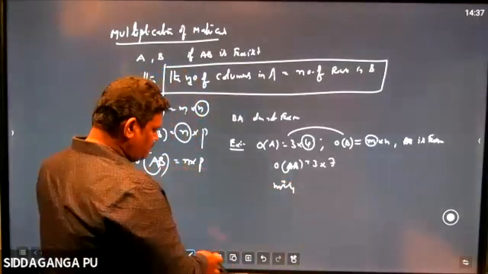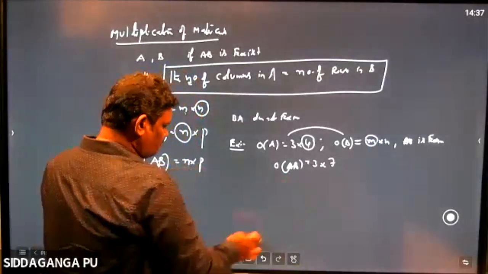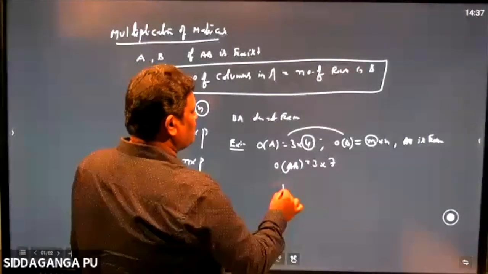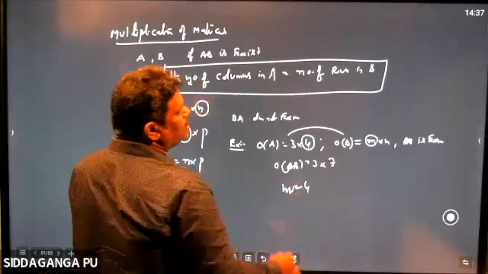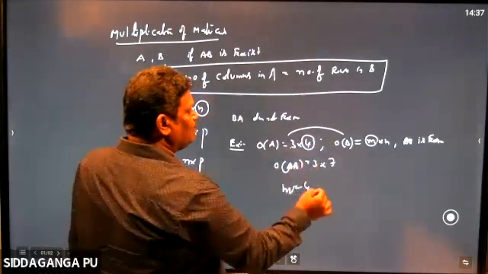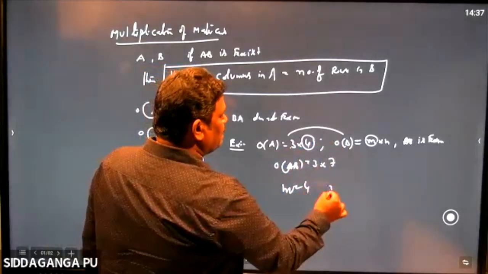Then the resulting matrix order is 3 by n.